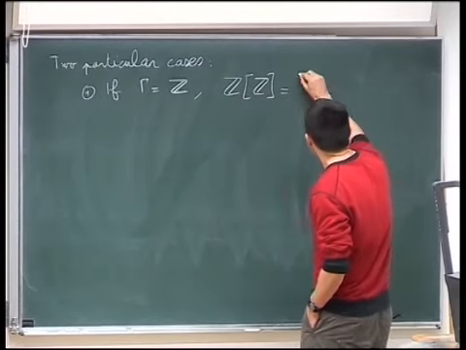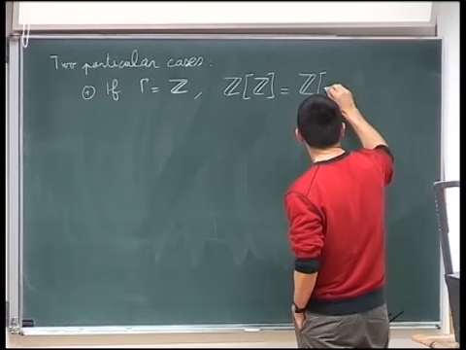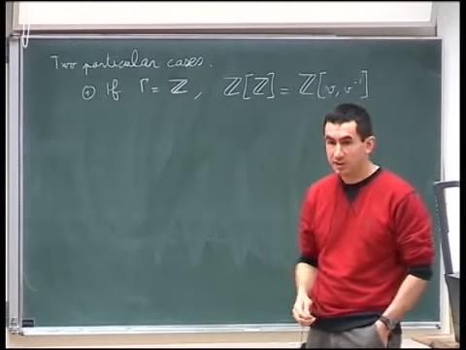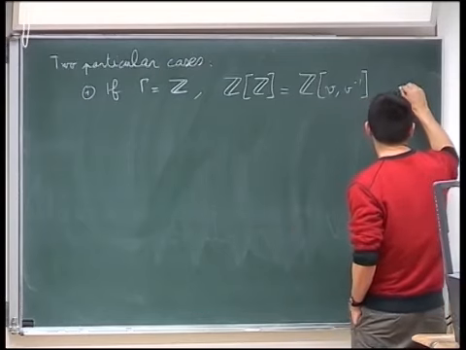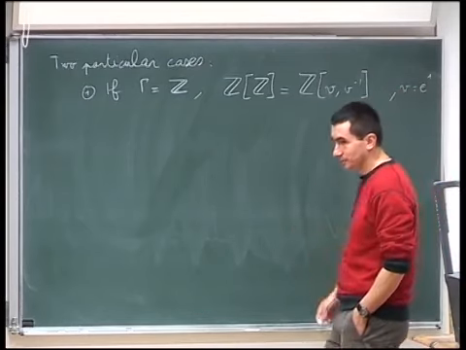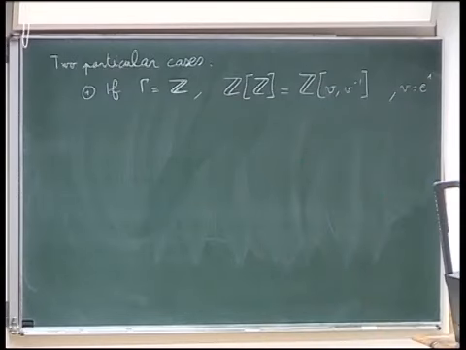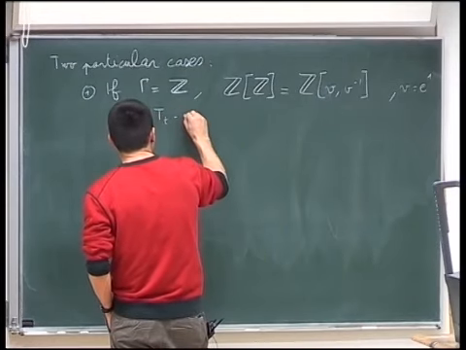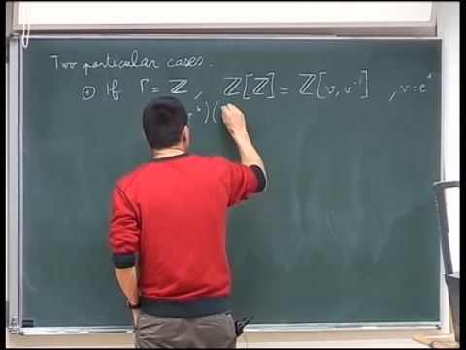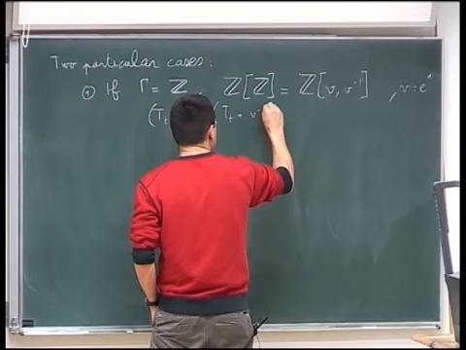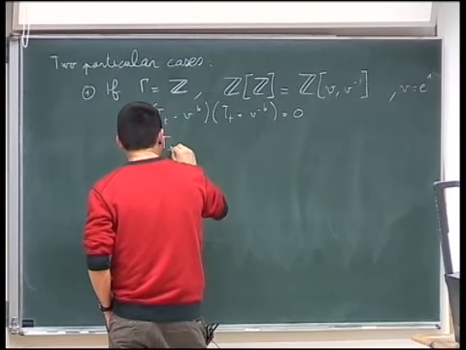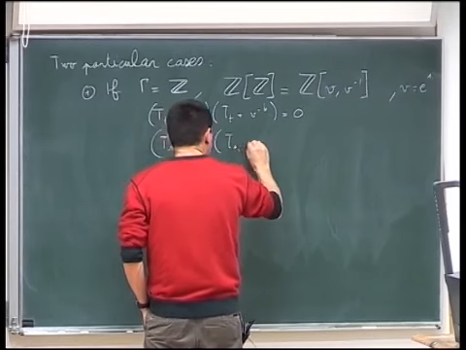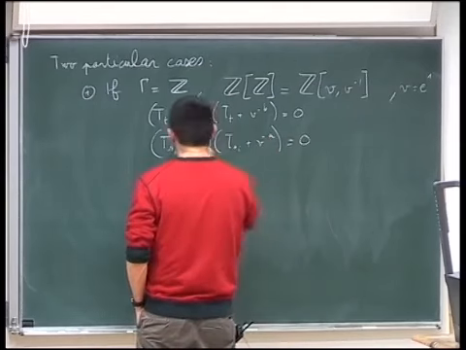Well, in fact, this is just the Laurent polynomial ring in some indeterminate, the indeterminate being the exponential of 1, if you want. And in this case, the relation becomes (T_t - v^b)(T_t + v^{-b}) equals 0, and (T_{s_i} - v^a)(T_{s_i} + v^{-a}) equals 0.